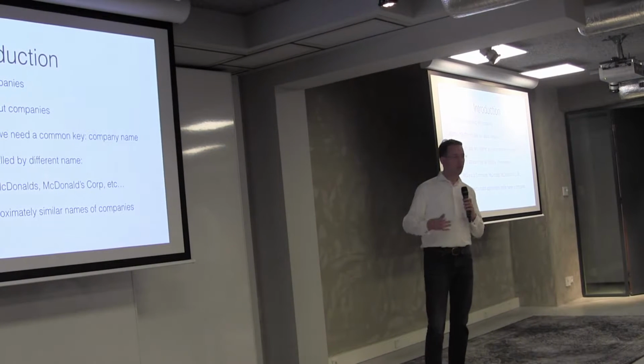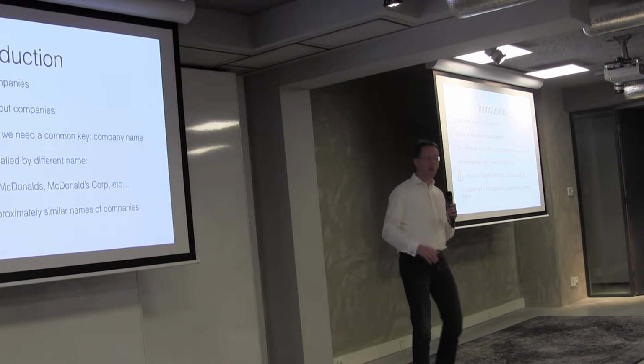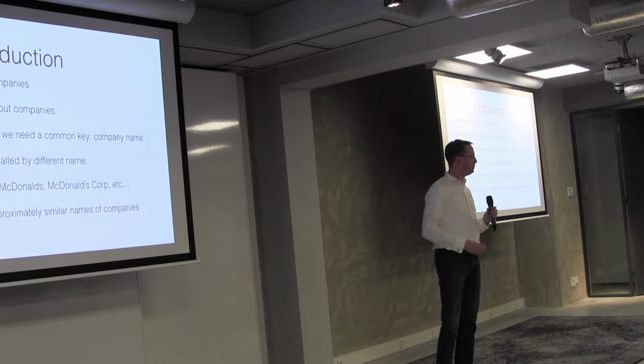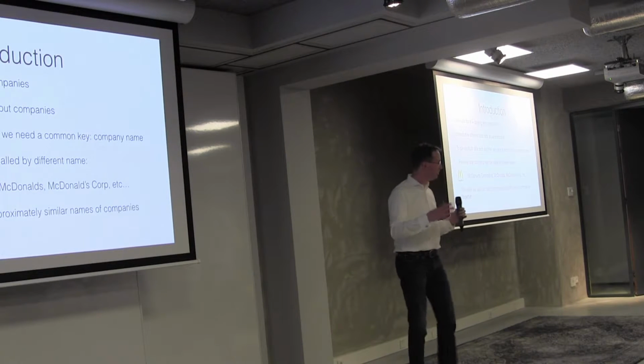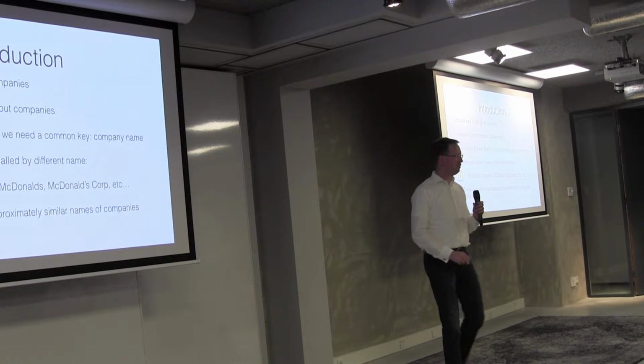And of course, we like to combine different data sets of companies. And often we encounter the situation, as I'm pretty sure all of you do, that the key on which we want to match this data is somewhat close to each other, but not exactly the same.